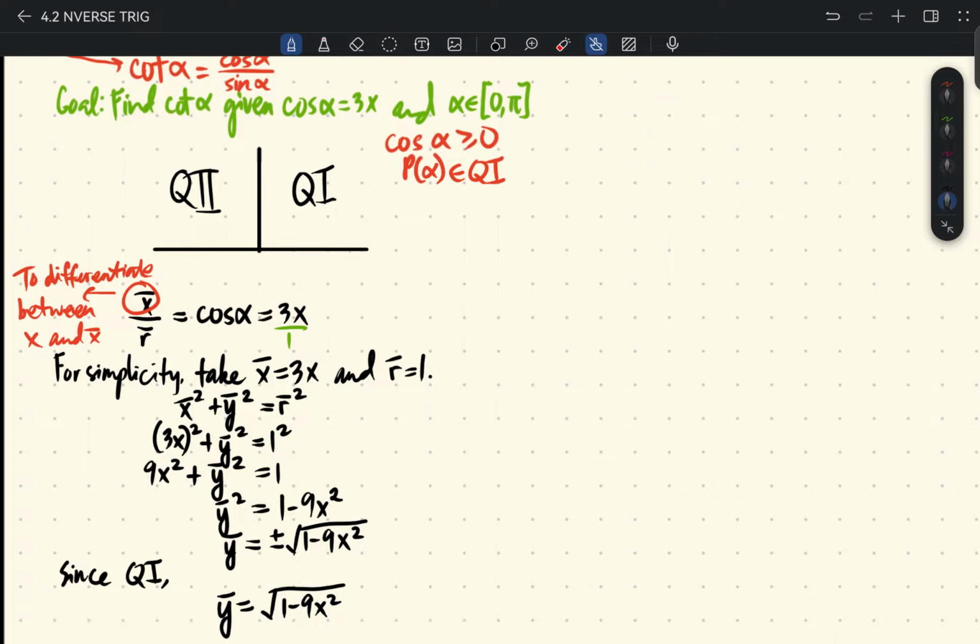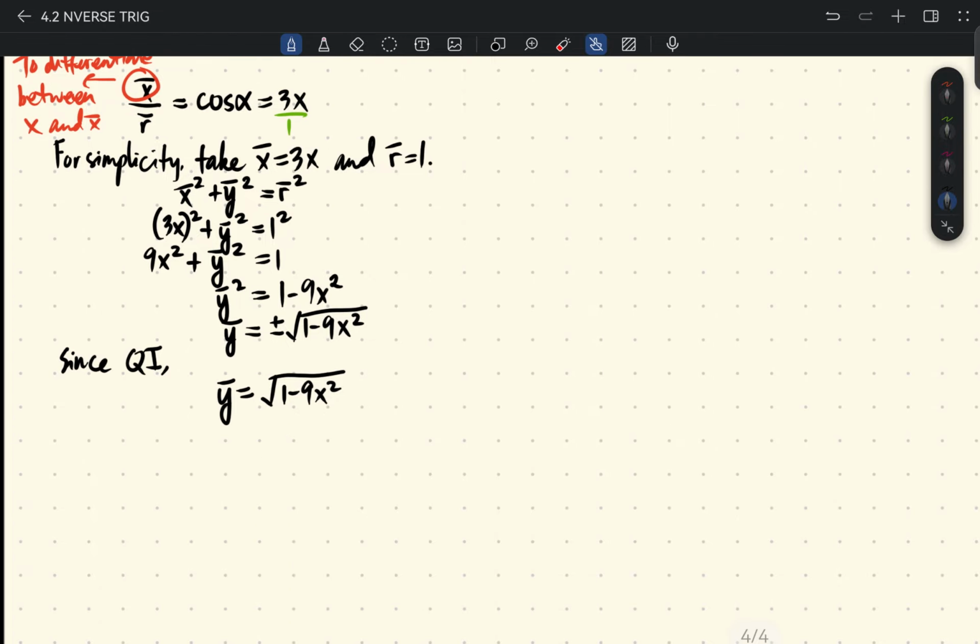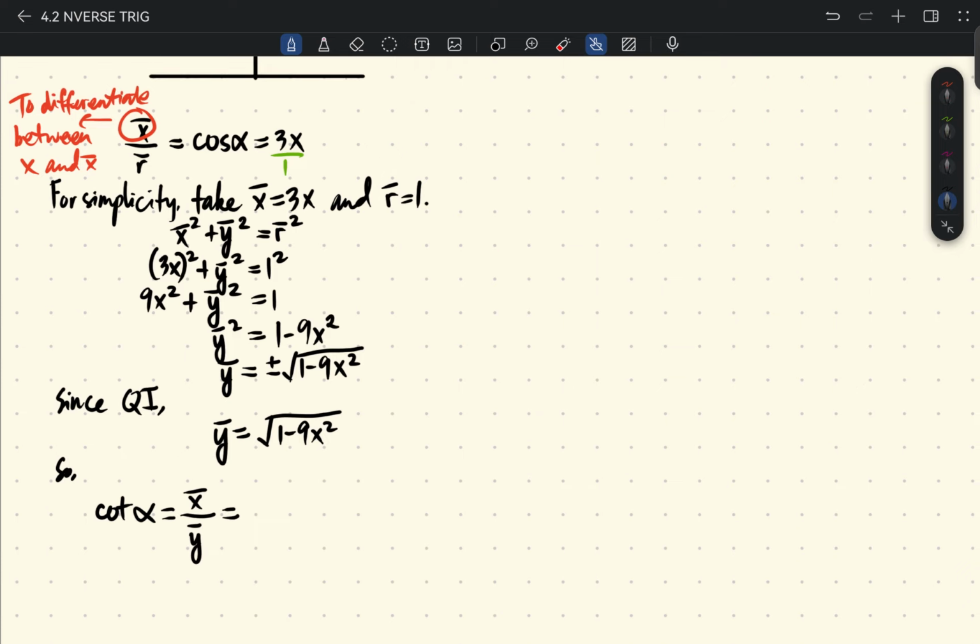And so, we can now look for cotangent alpha. By definition, this is just your x bar over y bar. Your x bar is 3x, and your y bar is the square root of 1 minus 9x squared.